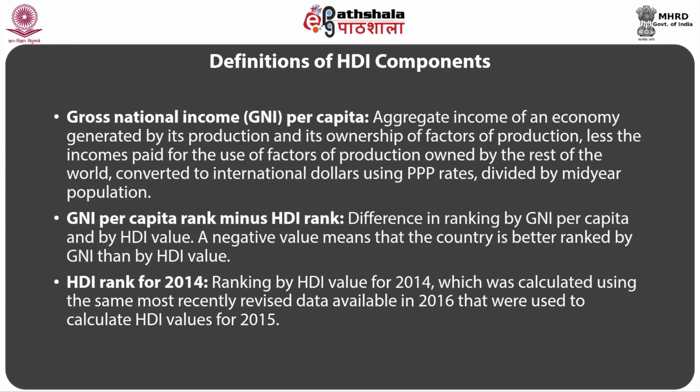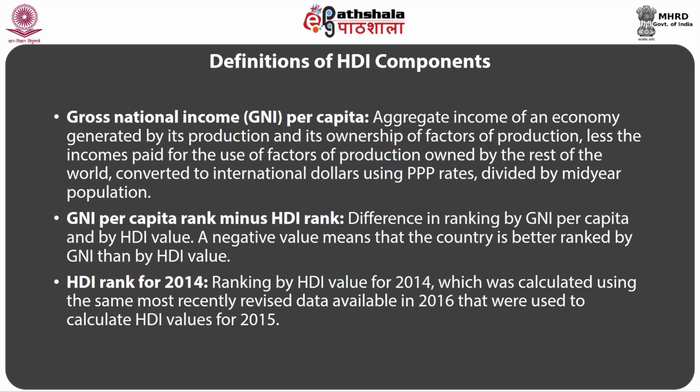Gross national income, GNI per capita, is defined as the aggregate income of an economy generated by its production and its ownership of factors of production, less the incomes paid for the use of factors of production owned by the rest of the world, converted to international dollars using PPP rates divided by mid-year population.